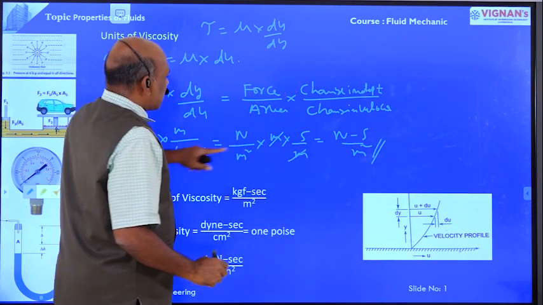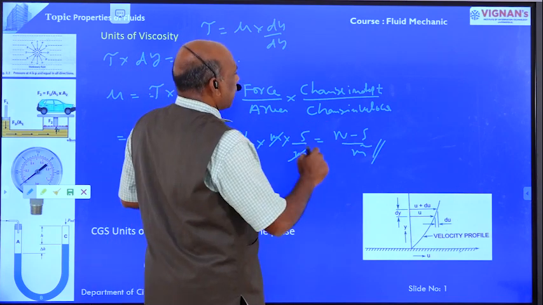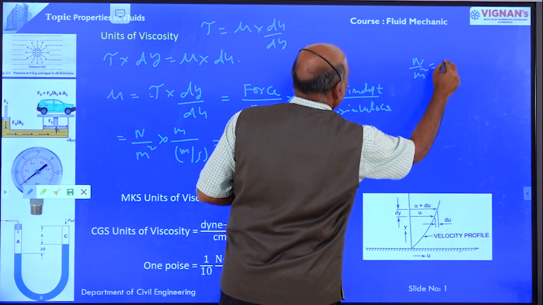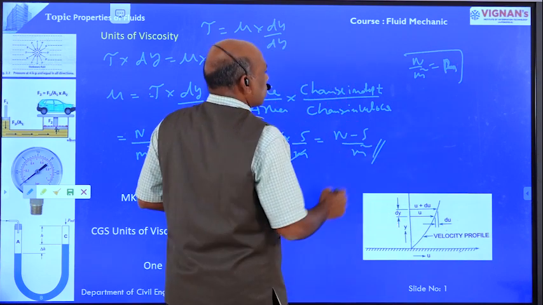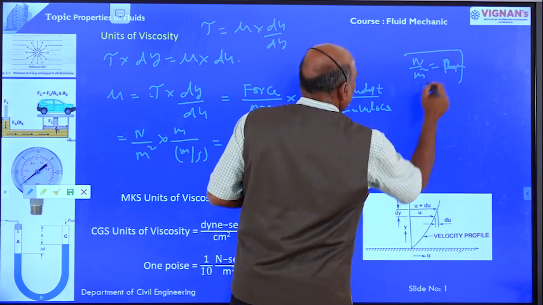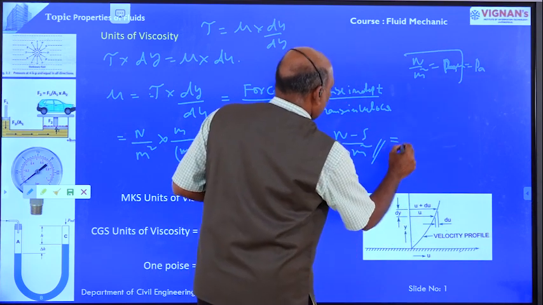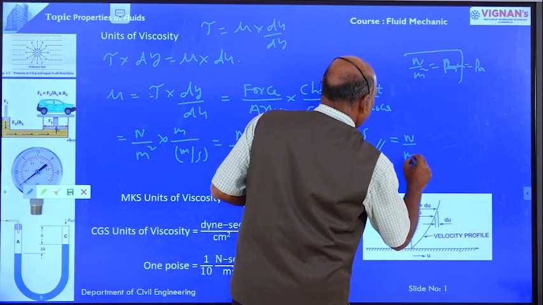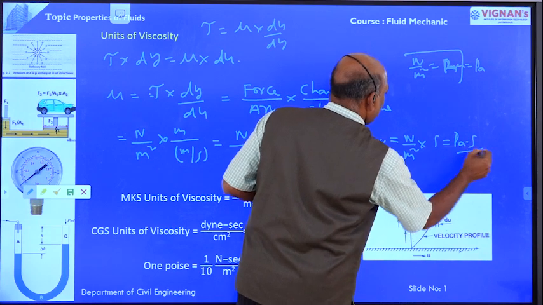The units of viscosity is Newton second per meter square, and Newton per meter square is also nothing but Pascal. Therefore, units of viscosity equal Newton per meter square into second, which is equal to Pascal second.